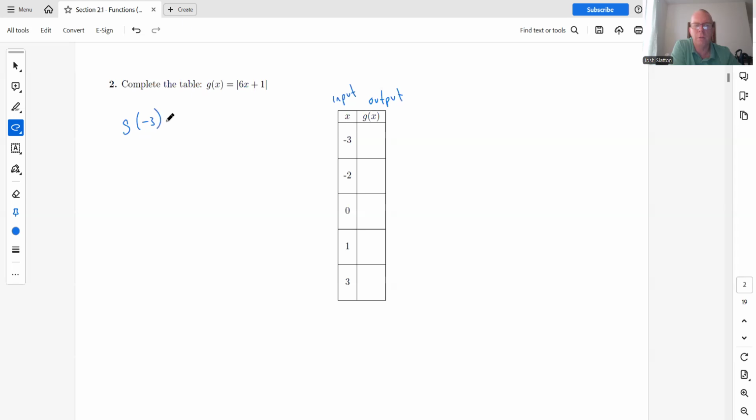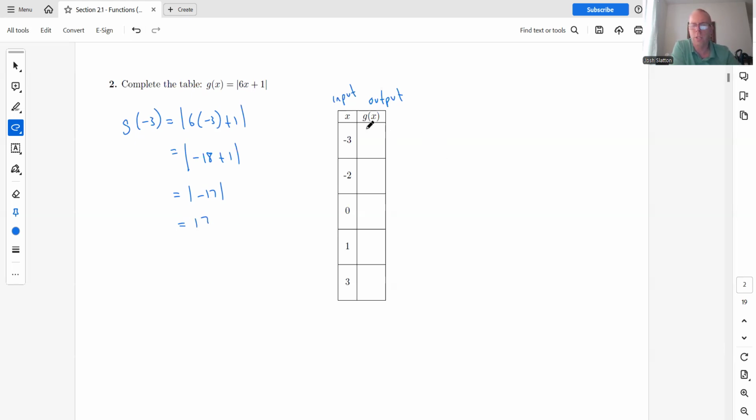So g of -3 would be the absolute value of 6 times -3 plus 1. And just simplify that. So 6 times -3 is -18 plus 1. -18 plus 1 is -17. And of course, absolute value of -17 is 17.